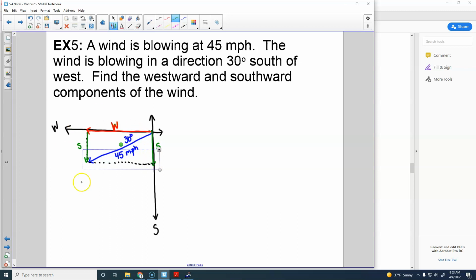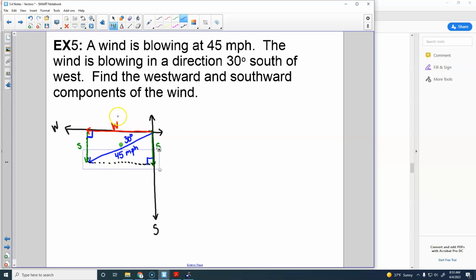So if we're breaking this down, we're going to find south or west first. It doesn't matter which one we choose here. So I'm going to go for the west side first. Now, south and west are perpendicular to each other, so these are right triangles that we see here in this picture. I know this angle right here is 30. I know the hypotenuse is 45. So if I'm going to look for that west side right there, I need to use trig to set this up.